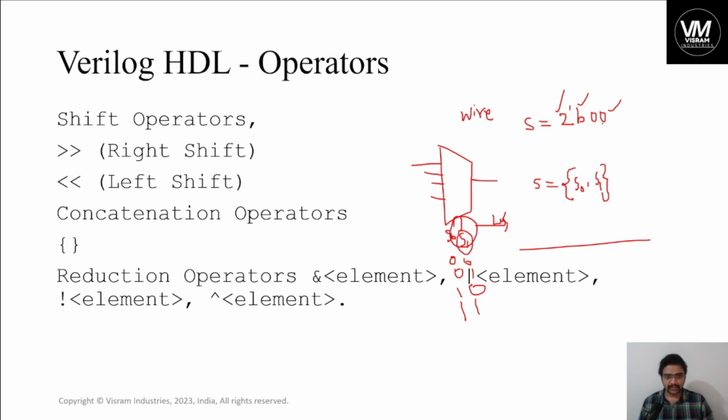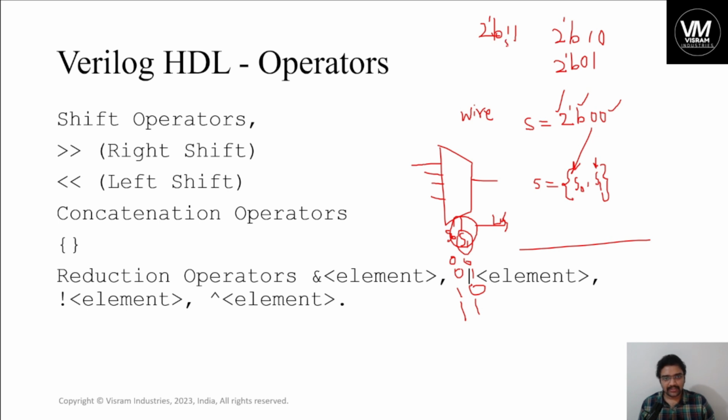S is now 0 0. And now it can also be 2-bit binary 0 1, or 2-bit binary 1 0, or 2-bit binary 1 1.